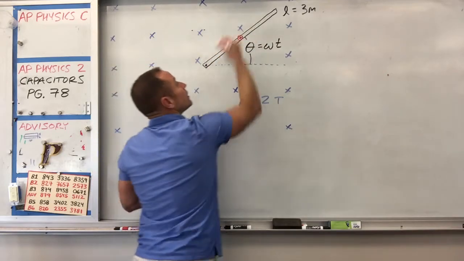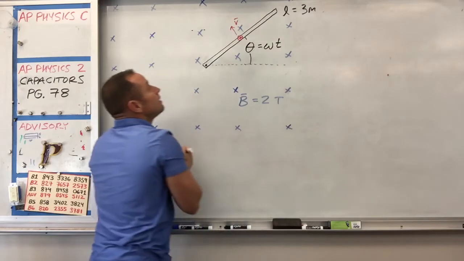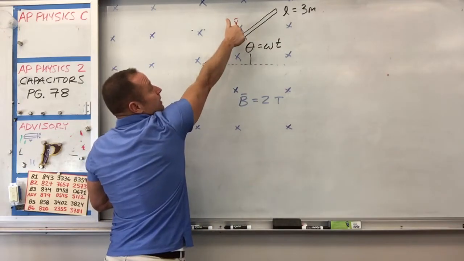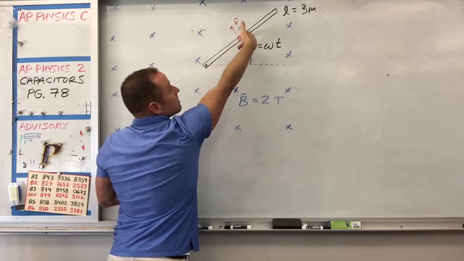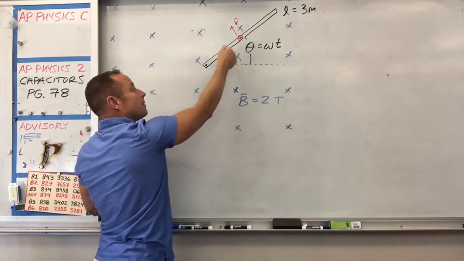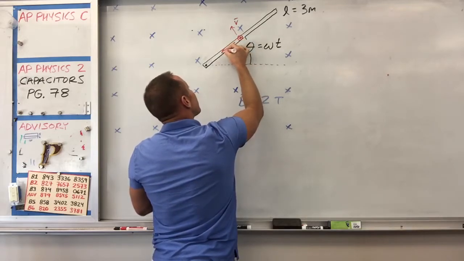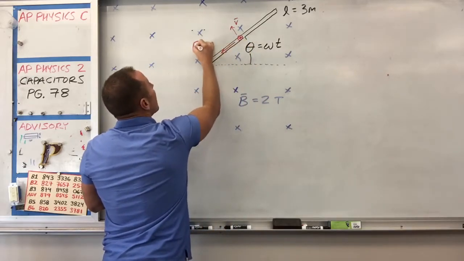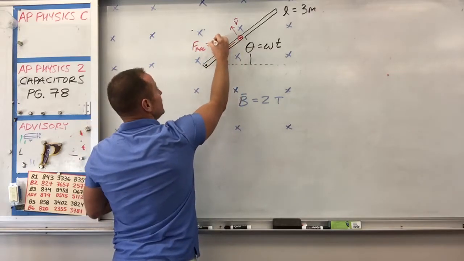That's the direction of the velocity of this positive charge. There's V. The positive charge is moving that way through a field that points into the page. So there's going to be a magnetic force on that positive charge this way. This would be F magnetic on a positive charge, which of course is going to be QVB.